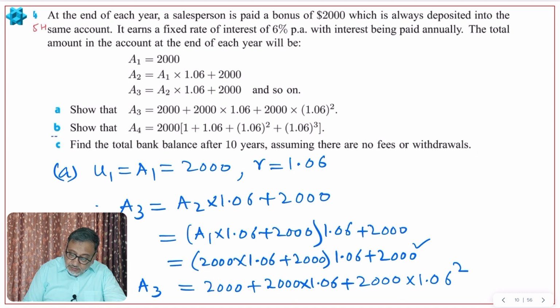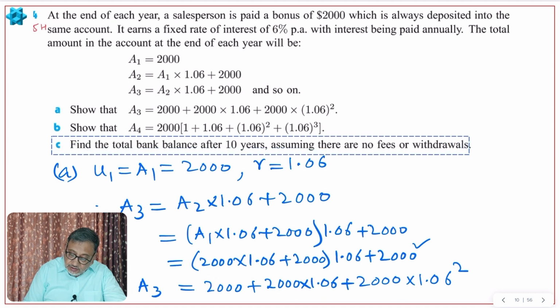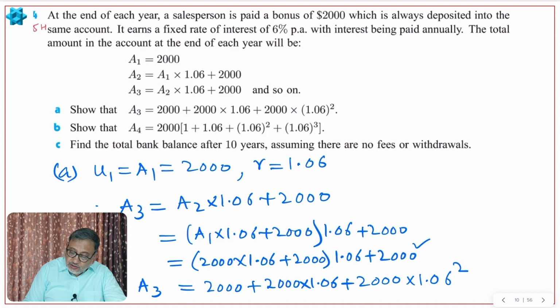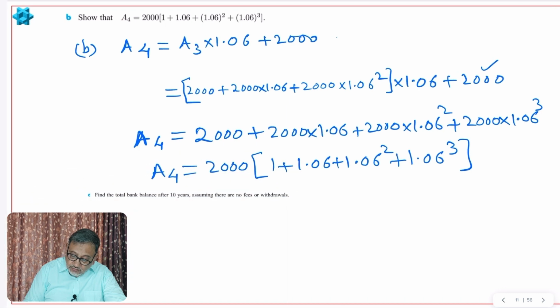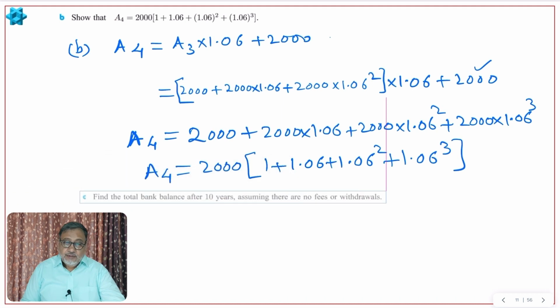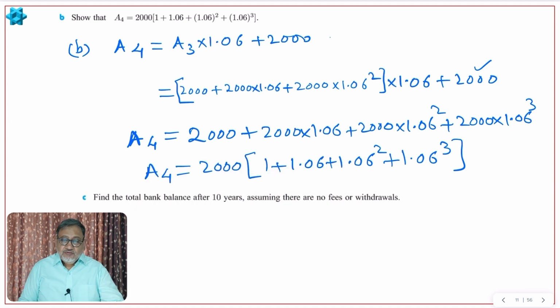Now we also have to answer the C part. Find the total bank balance after 10 years, assuming there are no fees or withdrawals. So this is what we have to find now. It means we have to find the total of 10 years, so actually A10 we have to find.